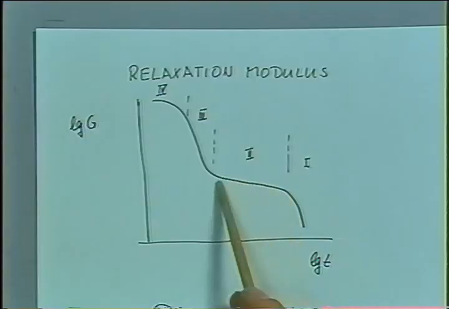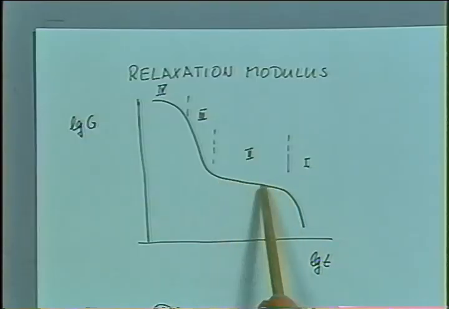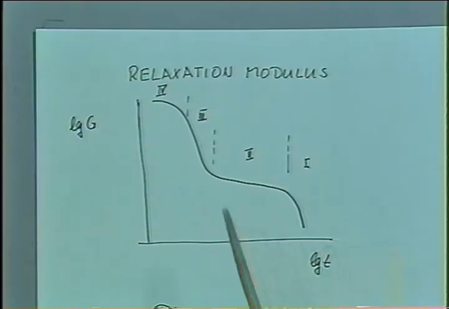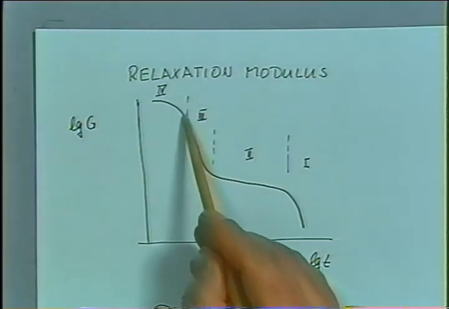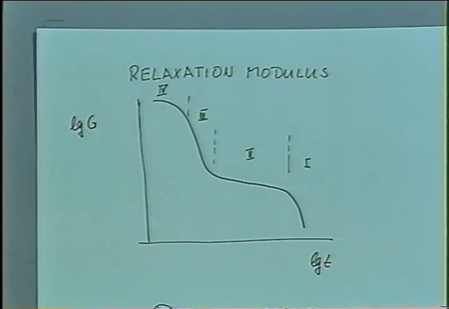And then the so-called entanglement regime, where the material has a plateau type region, and then the transition to the glass and glassy value up here. The plateau modulus is in the order of 10 to the 6 Pascal, and the glassy region is about 10 to the 9 Pascal order of magnitude. And you should remember those values.